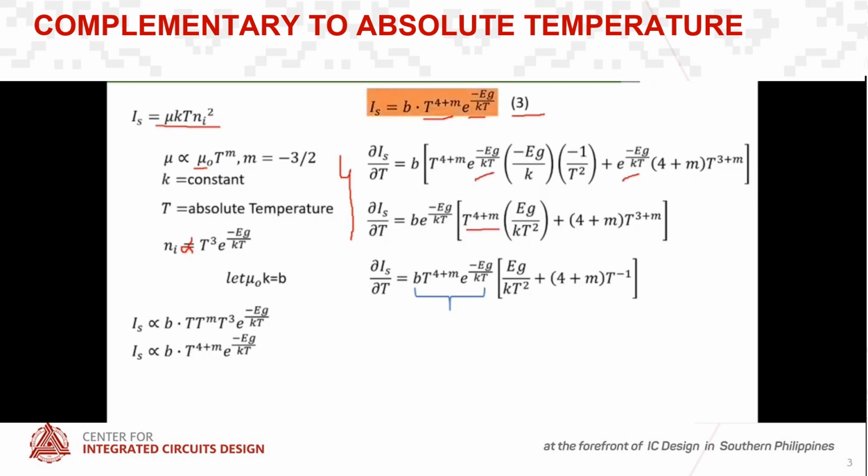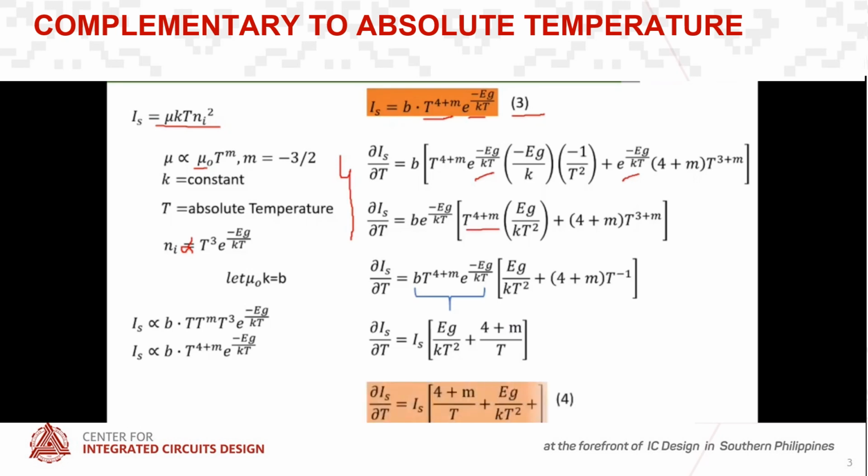The partial derivative of Is with respect to temperature is equal to Is times Eg over kT squared plus 4 plus m over T. Then rearranging it for simpler terms, the partial derivative of Is with respect to temperature is equal to Is times 4 plus m over T plus Eg over kT squared. Sorry, there should be no plus before that.